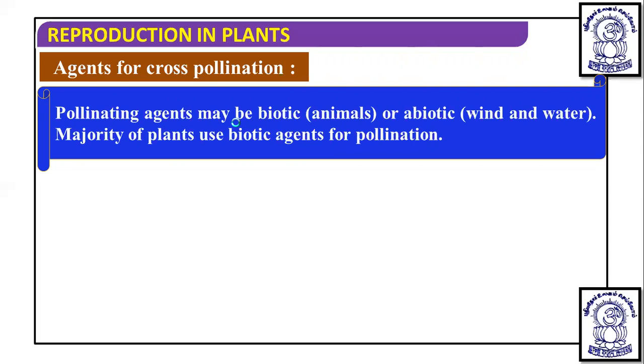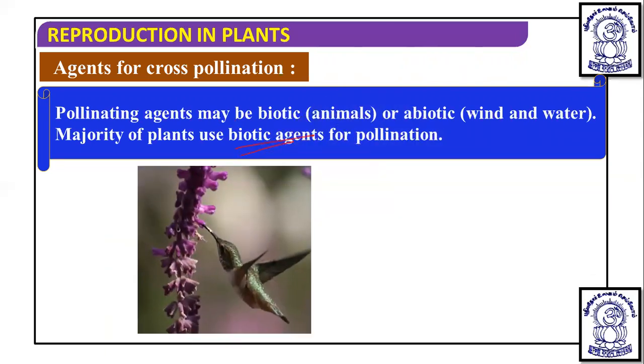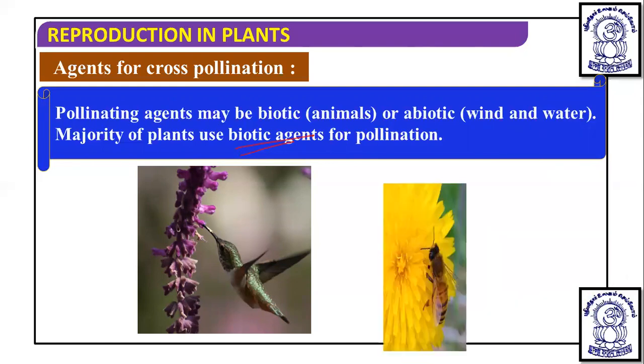But the most common is which one? The use of biotic agents. So the majority of plants use biotic agents for pollination. Now you can see this interesting diagram which shows that this particular bird is taking pollen grains and will give them to another flower.